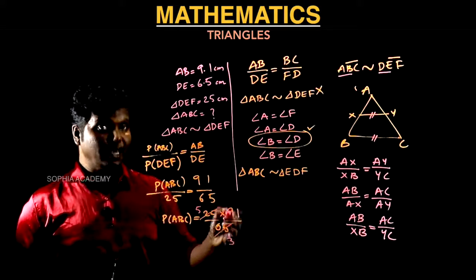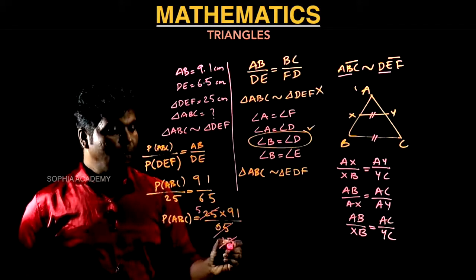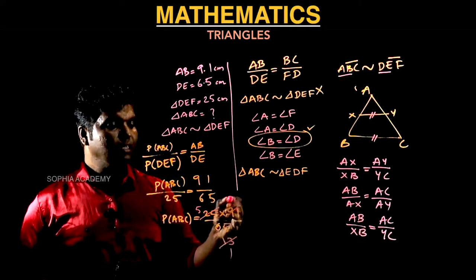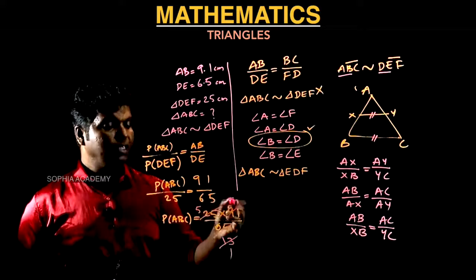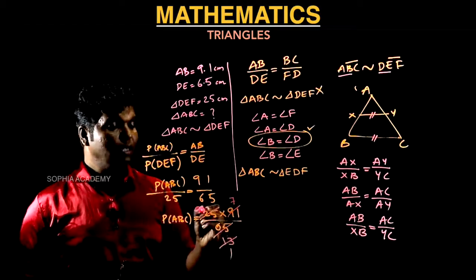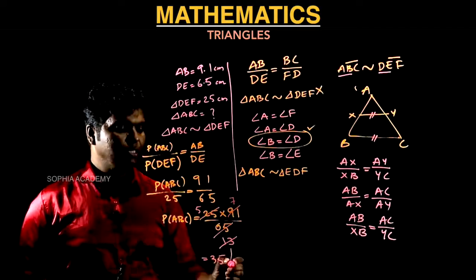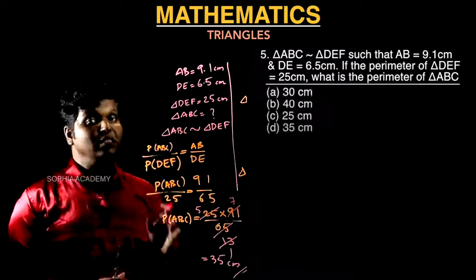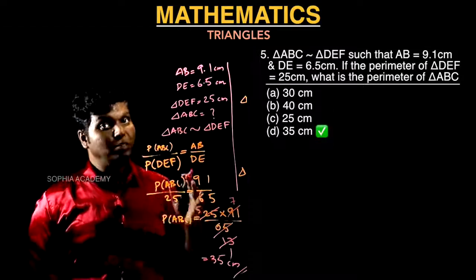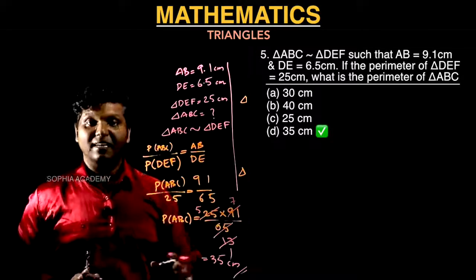Now these two you can cancel again. 13 7s are 91, 13 1s are 13. So on the top only 7 and 5 are there, on the bottom only 1. So 7 5s are 35 centimeter. That's the answer. So in the question, the fourth option is the right option, option D. So you have to bubble option D, and 35 is the right answer.